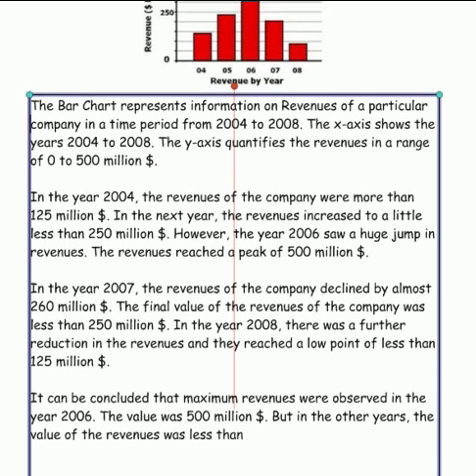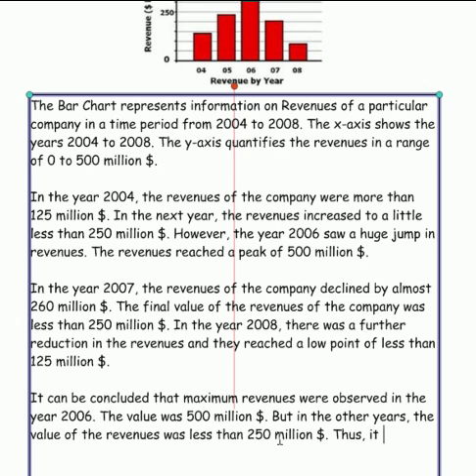Alright, so as you can see here, in 2005, 2007, and 2008, all the values were below this line that represents $250 million. So we can state in our conclusion here that in the other years the value of the revenues was less than $250 million.